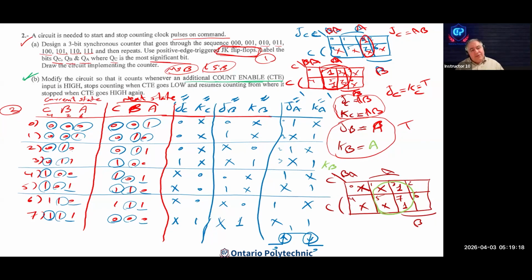Mr. Abulfaz, please explain to me. What is count enable? We have one input; one input we should add. If the input is high, stop counting, and if the input is 0, it goes to counting. What should it start from?